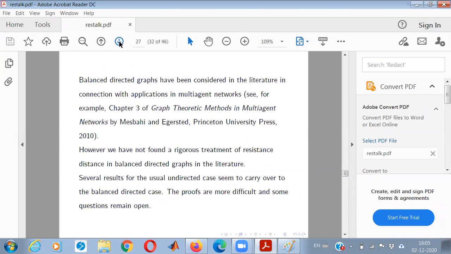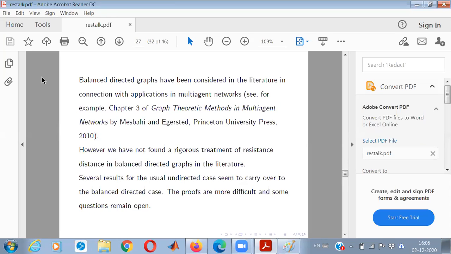Okay, now, balanced directed graphs, we have found some work in the literature. In multi-agent networks, there is some application, one chapter in this book, Graph Theoretic Methods in Multi-Agent Networks. But there is no resistance distance. We did not find any rigorous treatment.